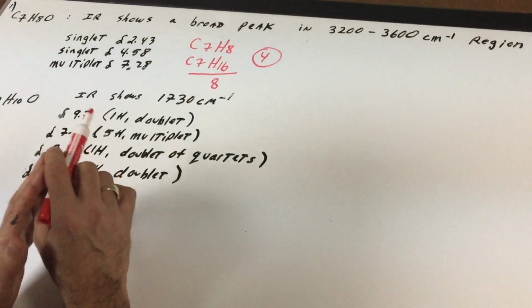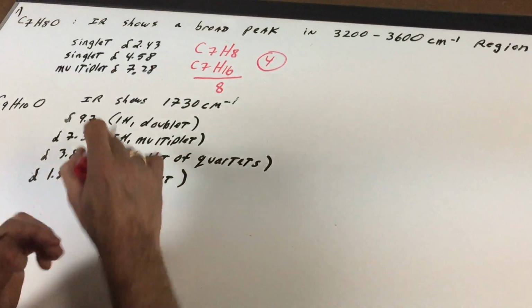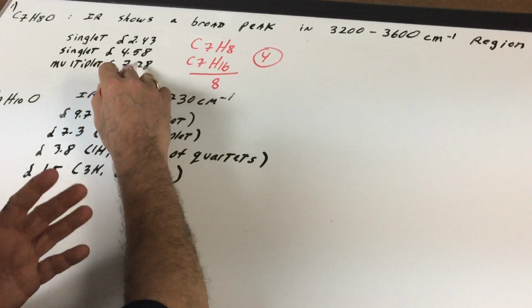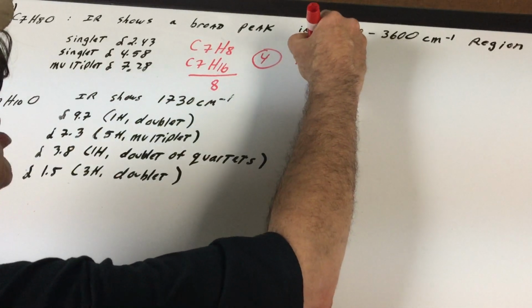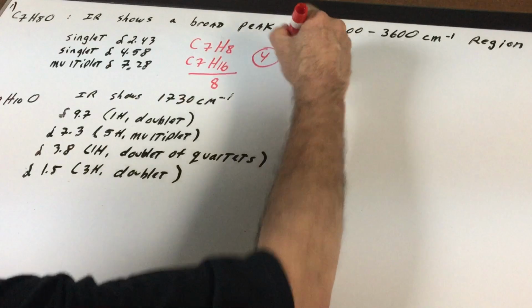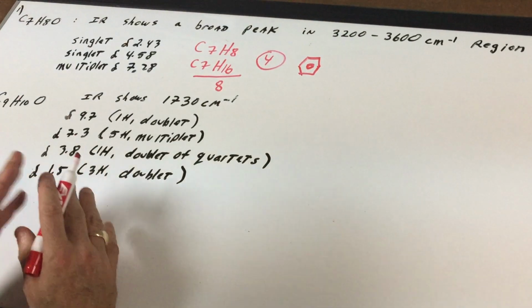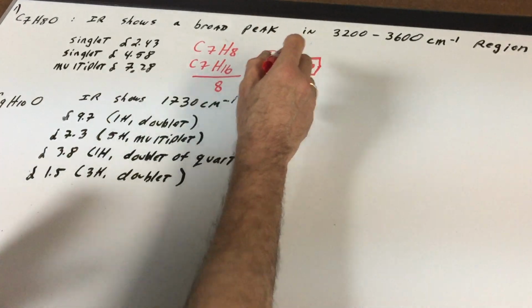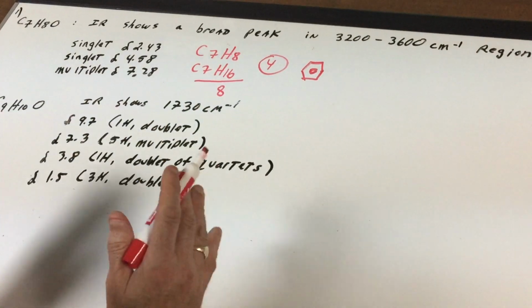Now, when you see 4 degrees of unsaturation and a multiplet or a signal at around 7, this is going to suggest a benzene ring. So I'm looking for a signal around 7, and the degree of unsaturation is 4 or greater.